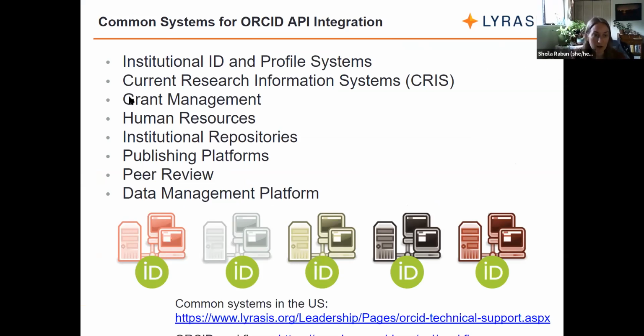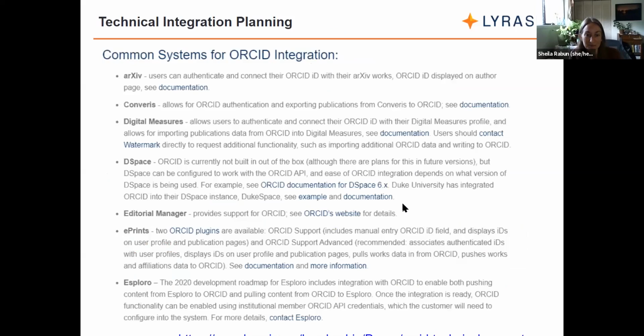But we've covered just about almost all of these in our FAQs around how the API works with these. So this is just to give you an idea of the types of systems that are common candidates for ORCID integration. And this is a screenshot of what I just showed you on the web.